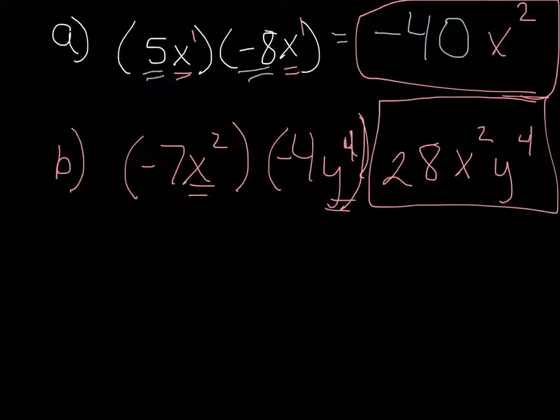Okay, got it? Alright, now it's your turn. I'm going to write these on the board. Debbie's going to pause it if she's listening to this in class, or if you're watching this outside of class, you're going to pause it, try them, and then hit play after everybody's got it down.